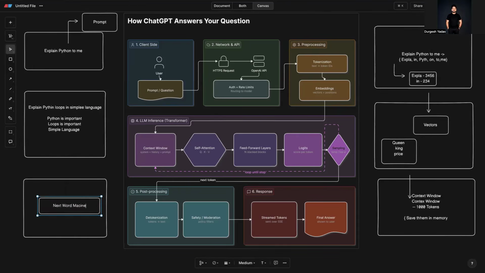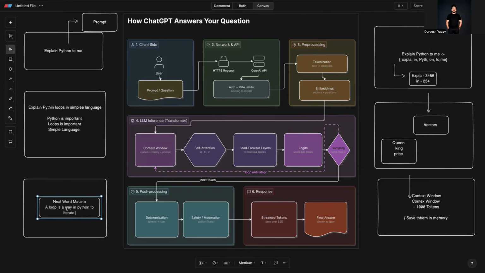Now, what I mean by next word machine: ChatGPT basically does not create the whole answer at once. So let's take an example. If I have written "a loop is a way in Python to iterate."